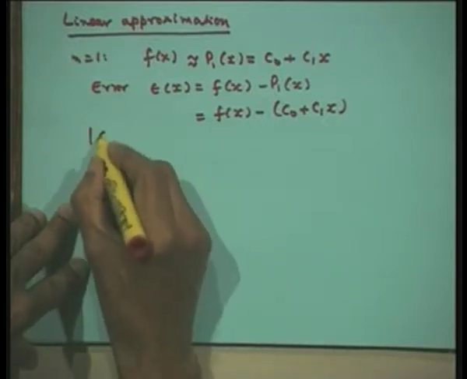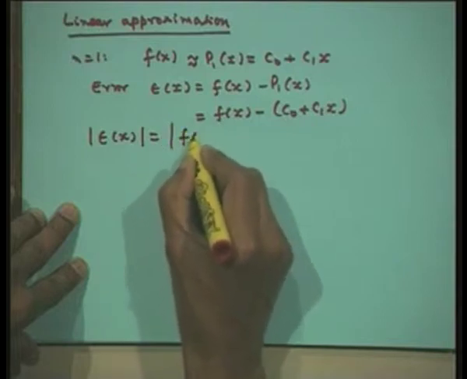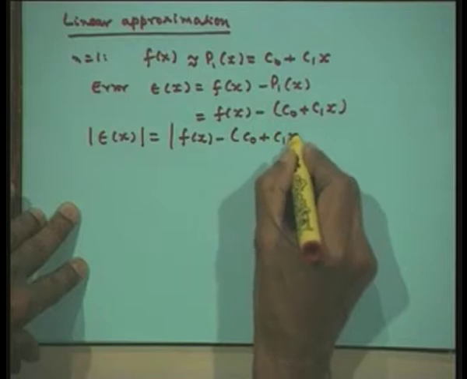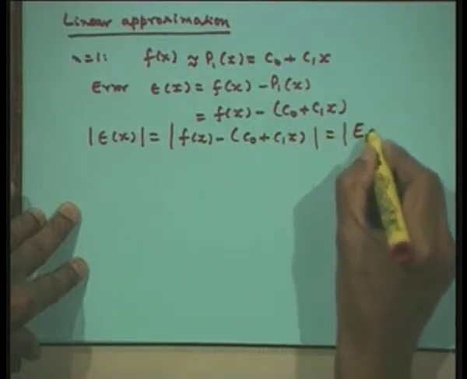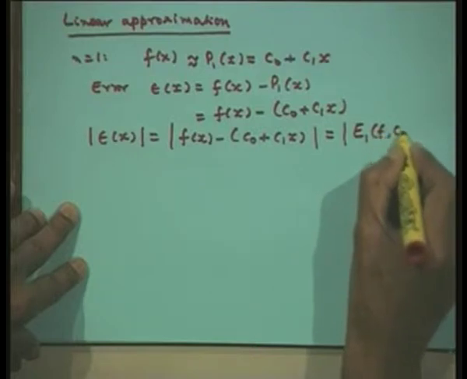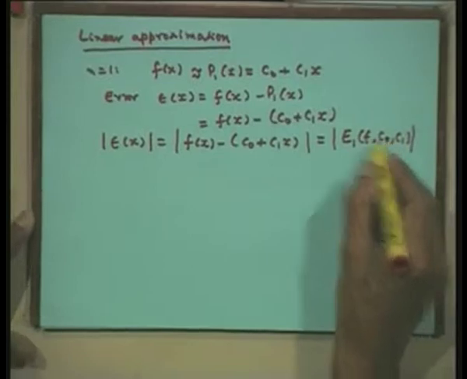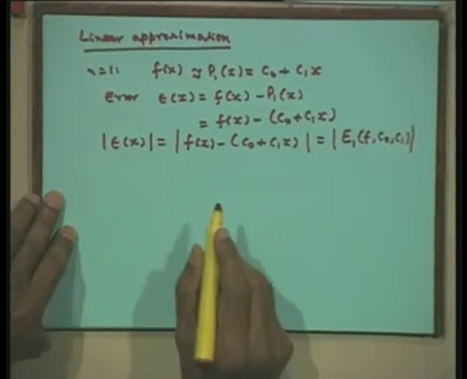Therefore, the magnitude of the error is equal to magnitude of f x minus C naught plus C 1 x, which is magnitude of E 1 of f, C naught, C 1. This is a function of f and the two parameters that we have here, C naught and C 1.